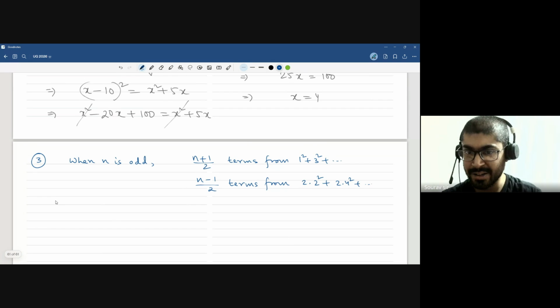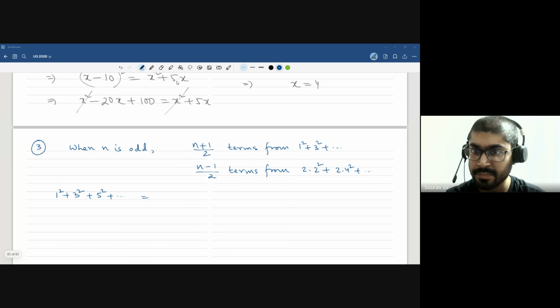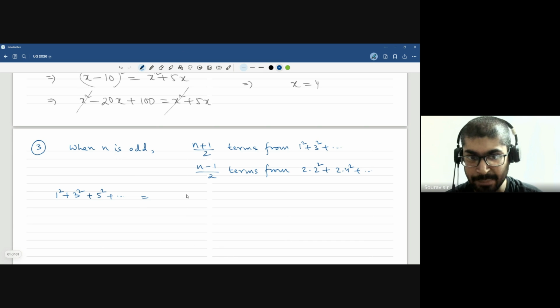So we can take the individual sums. So what is 1 square plus 3 square plus 5 square plus dot dot dot? How will you sum these up? This is basically sigma of 2m plus 1 whole square, right?